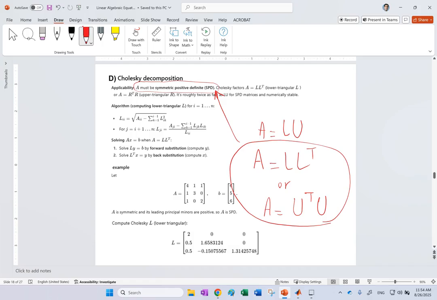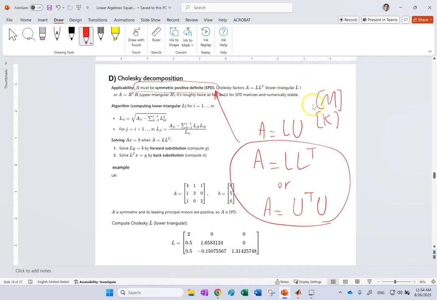And in many cases in engineering, like finite element and so on, many times this A is a symmetric positive definite matrix. Okay, for instance, the mass matrix or the stiffness matrix in many finite element problems, these are symmetric matrices, and these are basically positive definite matrices.